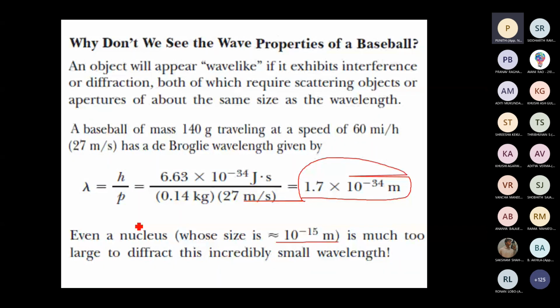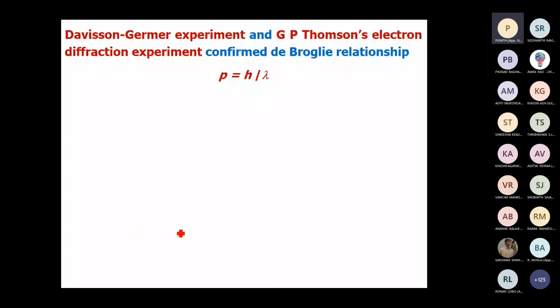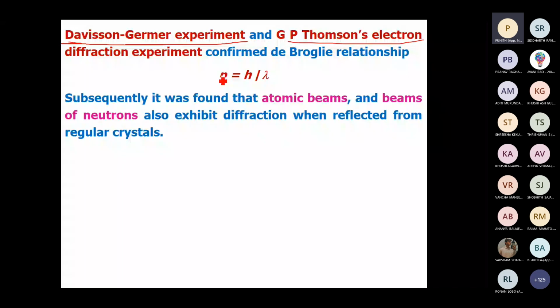The two experiments which verified it were the Davisson-Germer experiment and G.P. Thomson's experiment. These two experiments confirmed the de Broglie hypothesis, that is lambda is equal to h by p. Subsequently, it was found that atomic beams and beams of neutrons also exhibit diffraction.